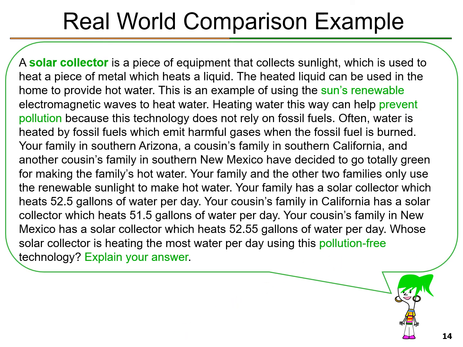Okay, so your family's solar collector makes 52.5 gallons per day, and your cousin's family in California makes 51.5 gallons per day.